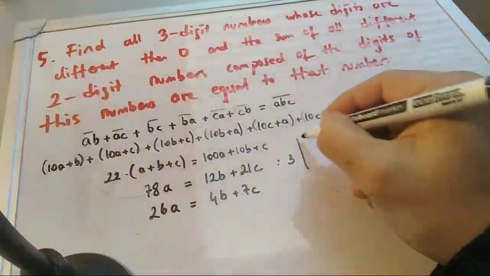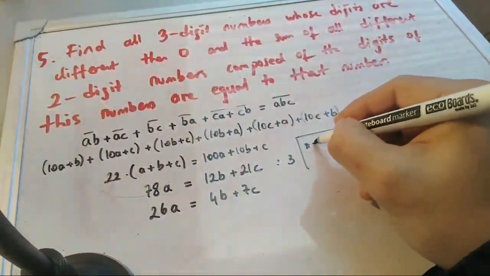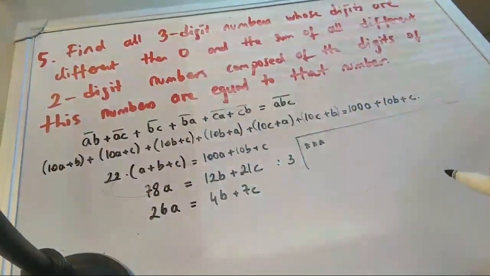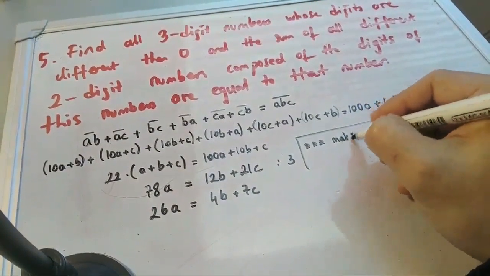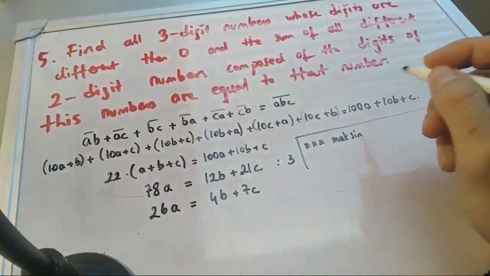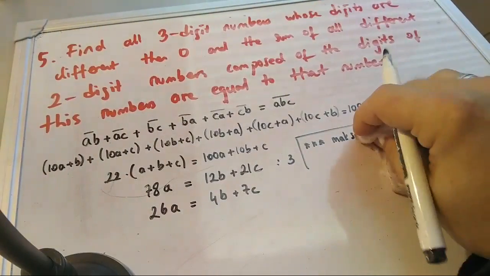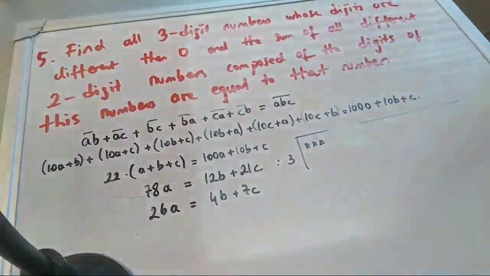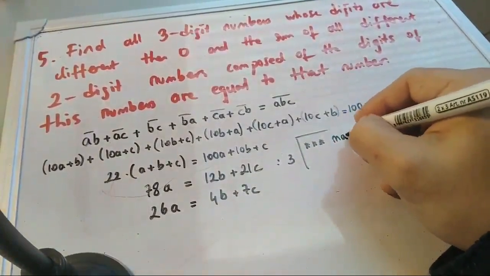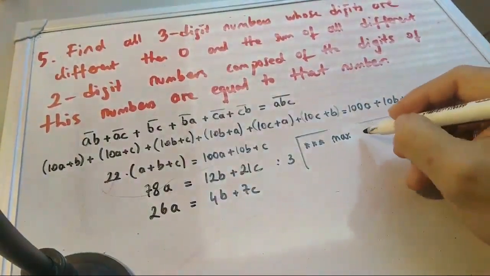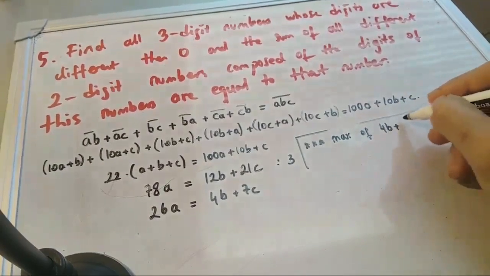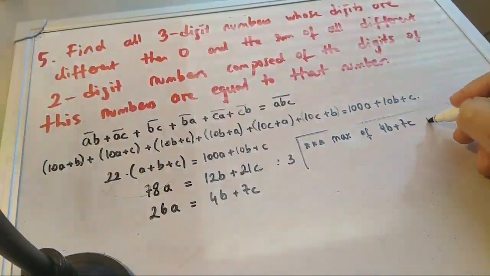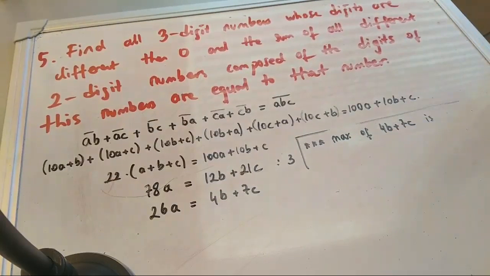And we can say it's important. What is that? Maximum. Maximum value of 4B plus 7C is, let's say for B and C, take the greatest digit.